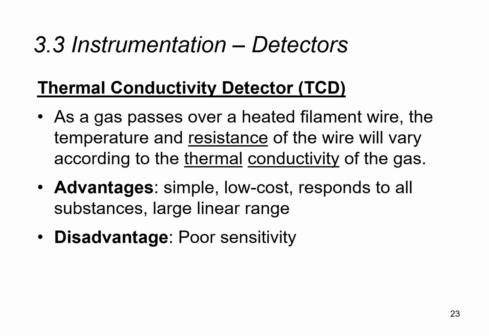Now, one of the key advantages of a thermal conductivity detector is that it is applicable to a wide range of chemical compounds. You'll see it's simple, low cost, and responds to all substances. Response to all substances means that it is applicable to all types of different gaseous molecules. So it could be hexane or ethanol or propanol. Yes, it works for all of these, purely because all of these gaseous molecules will have somewhat different thermal conductivities, so they will all be able to be detected using this detector.